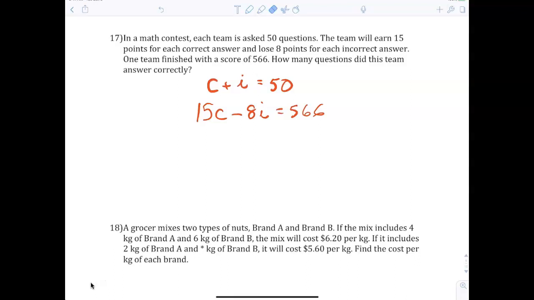That would total 10 problems, right? So you count the number correct and the number of incorrect, and that adds up to the total number of questions. Okay, you happy with that now? C plus I. The number of correct plus, there we go.